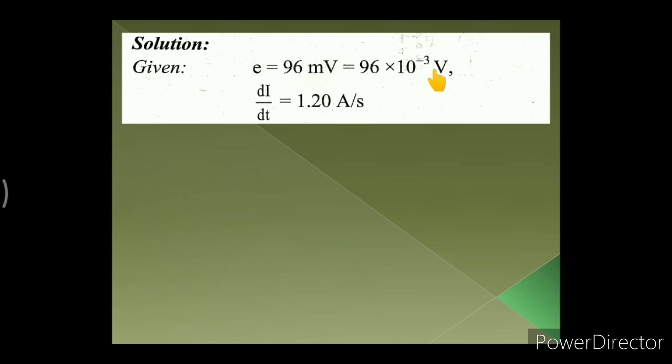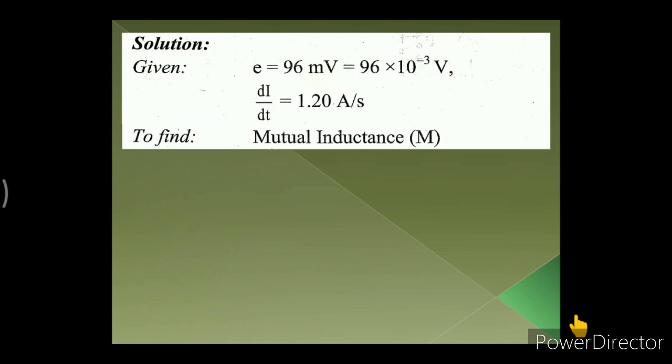Then, for producing this much EMF, the current is increasing at the rate of 1.20 ampere per second. That means the value of di upon dt is 1.20 ampere per second. And we have to find the value of the mutual inductance of the two coils.